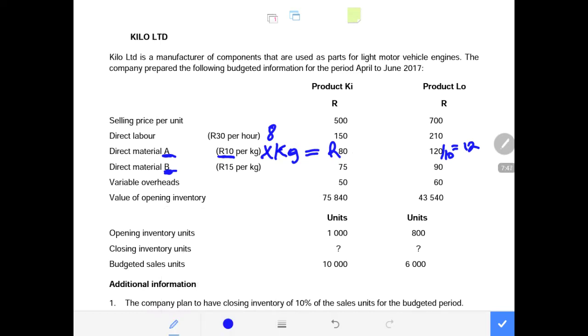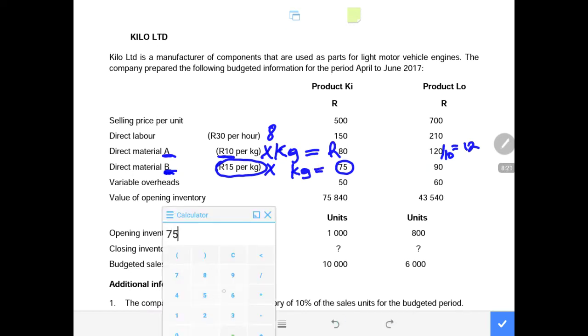Then we have another component of the material called material B, used in the production of these two products. This material B is bought at a price of 15 rand per kg, and the cost per unit is 75 rand. We know that we have multiplied by kgs in order to get to that 75 rand and 90 rand respectively for products KI and LO.